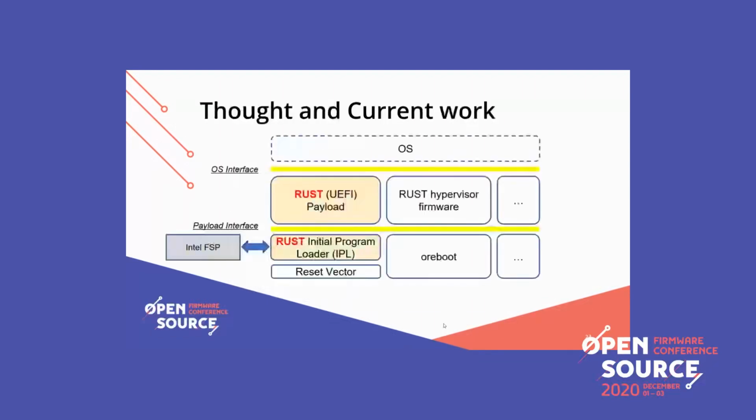Recently, we have been rethinking how to integrate Rust in firmware. We notice that there are multiple projects on Rust-based firmware, such as Oreboot, which is a Coreboot rewritten in Rust, and there's a Rust hypervisor firmware. Also, there are different C-based firmware projects besides EDK2, such as Coreboot, Slim Bootloader, and Universal Payload. A trend is to separate firmware into two parts, the bootloader and the payload.